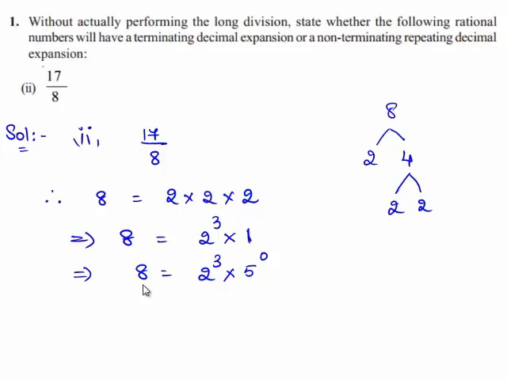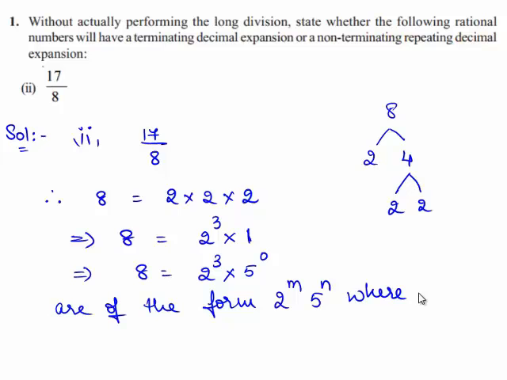Therefore, the prime factors for 8 are of the form 2 power m times 5 power n, where m is equal to 3 and n is equal to 0 in this case. Therefore, the decimal expansion for the given rational number is terminating.